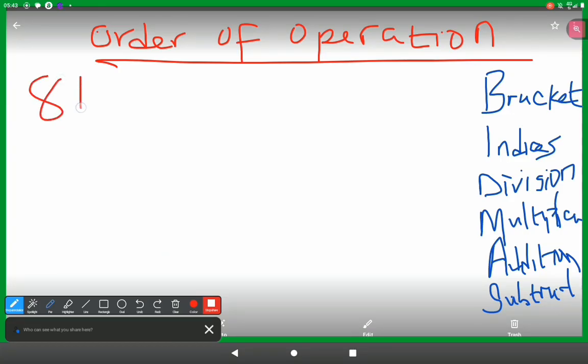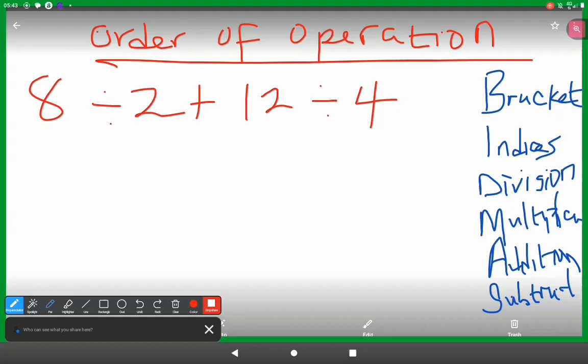8 divided by 2 plus 12 divided by 4. Now, according to the rule BIDMAS, some people call it BODMAS and some people give it other acronyms, but what we're saying is still the same thing.